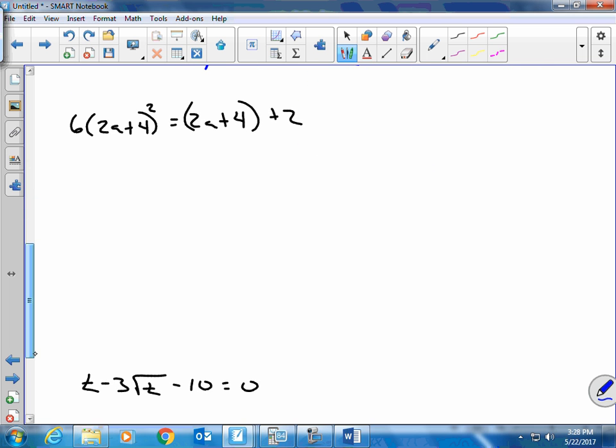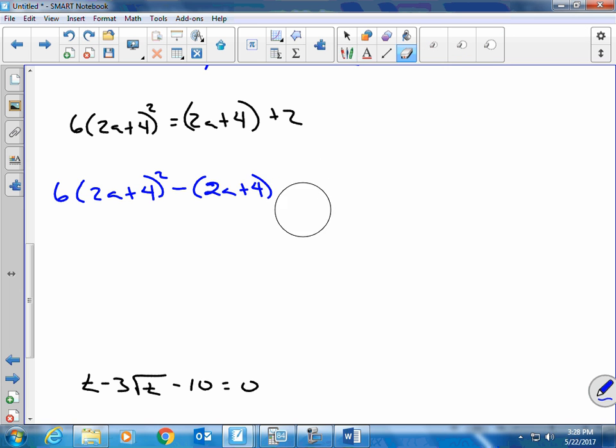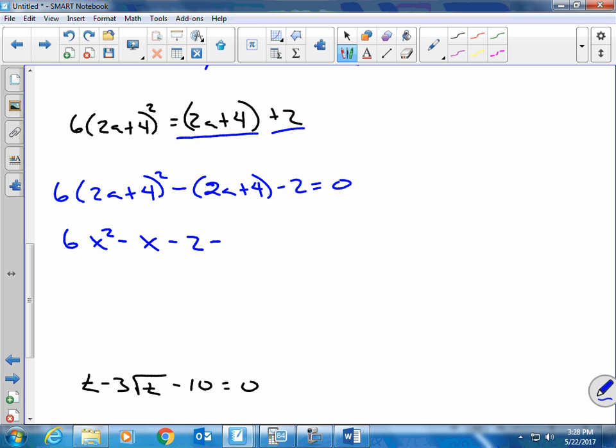This one I want to show you, this is kind of a little trick. We could multiply all that out. We could FOIL 2a plus 4 times 2a plus 4 and so on. Let me rewrite that some way, and you see if you can see the pattern. If I were to subtract this as one term and then subtract that, does this not look like 6x squared minus x minus 2 equals 0?